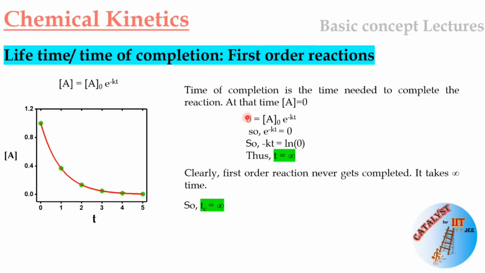So your a becomes 0 at time of completion, so e to the power minus kt becomes 0, correct? Now you take ln on both sides, and you get minus kt equal to ln 0. This ln 0 is undefined, this is infinite, correct? So thus t equal to infinite. That means for a first order reaction you can never complete the reaction. It takes infinite time. So there is no finite time to complete the reaction, correct?